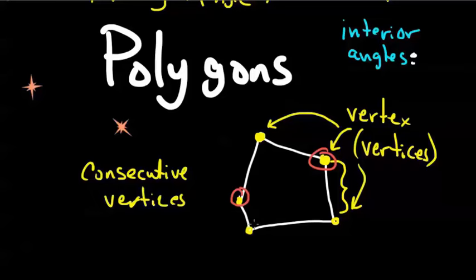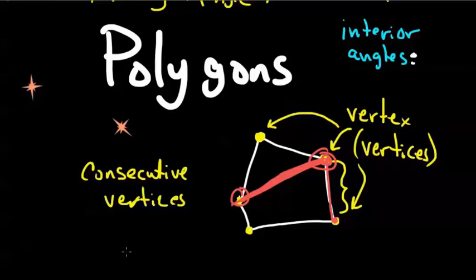When we do not have consecutive vertices, we can draw diagonals across them. If we have 2 consecutive vertices, we can't really do that, because if you draw a diagonal, you don't get anything, you just get the same side. So you can only draw diagonals across non-consecutive vertices.